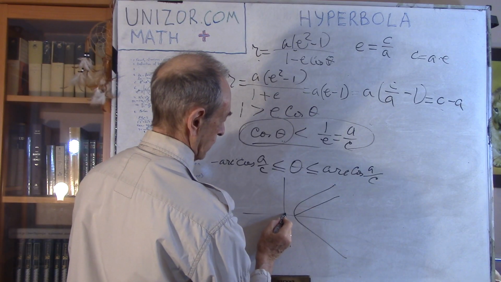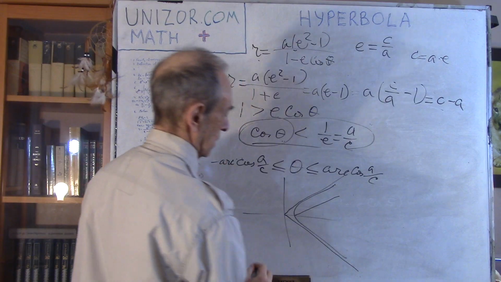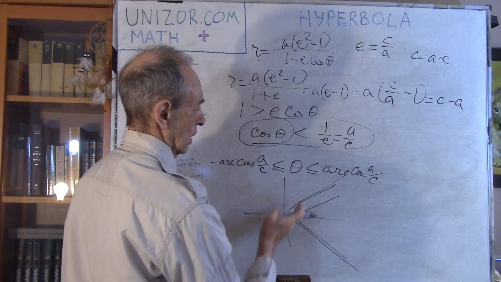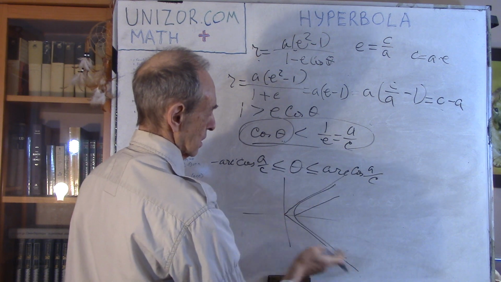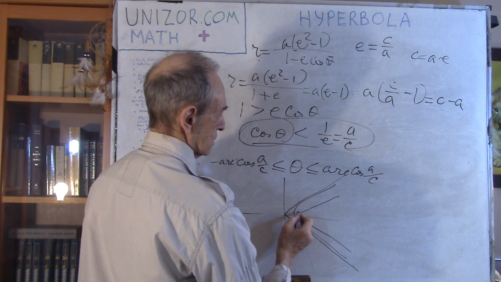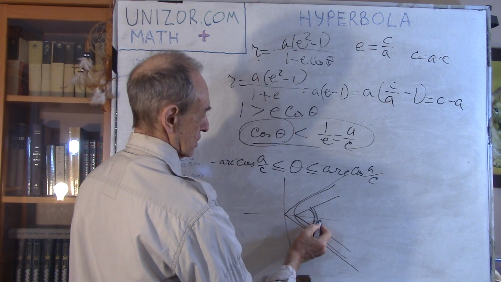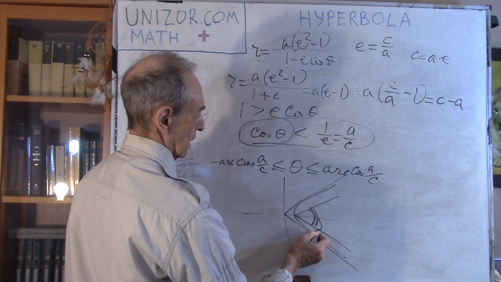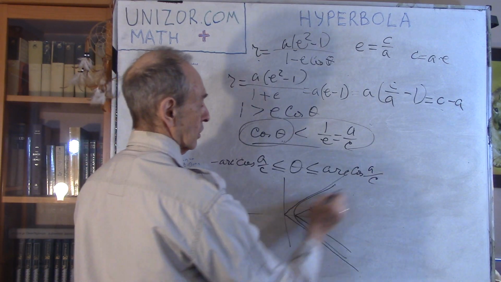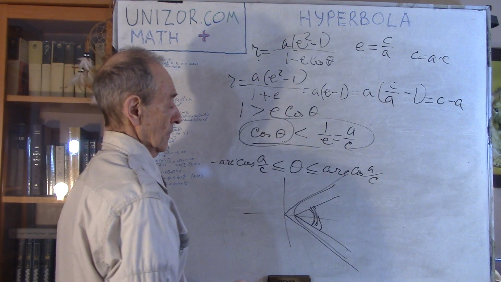If you remember, we're talking about the curve asymptotically approaching these lines. So whenever you have parallel lines here, within this angle, which is from minus arc cosine of a over c to plus arc cosine, you will not meet any point of the hyperbola.